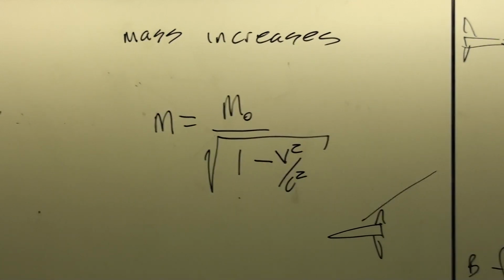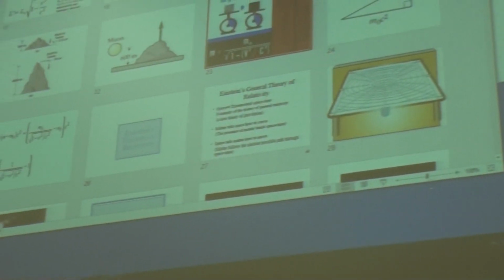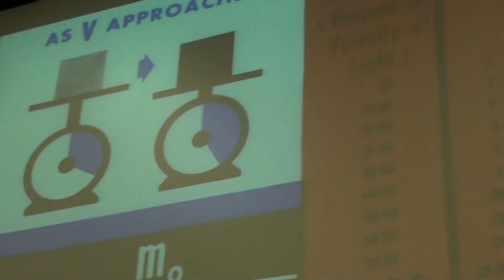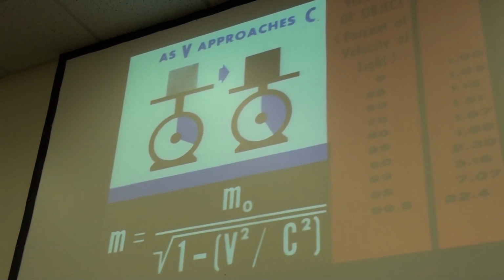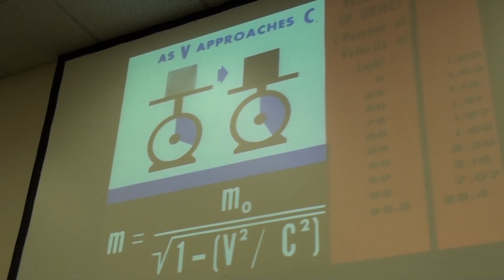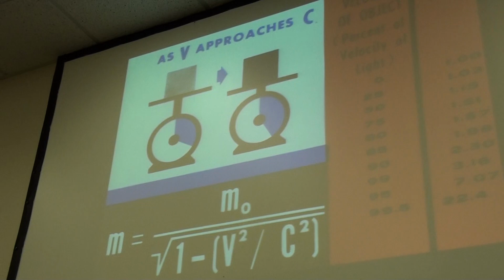if we look up at the data projector, we can see this then for an object that's traveling, say, at 0, then its mass is going to be the same as its rest mass.